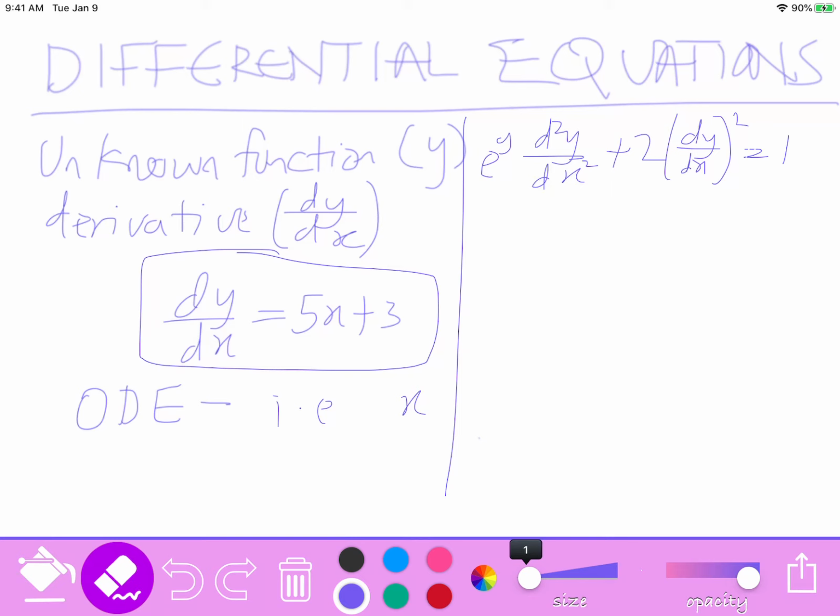This is a differential equation, but it is of the second order.